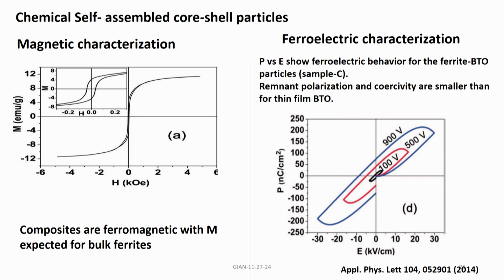And once again, the polarization is on the scale of nanocoulomb. It is much smaller than the barium titanate film or bulk material. So, the piezoelectric effect is very weak in these nanoparticles of barium titanate.